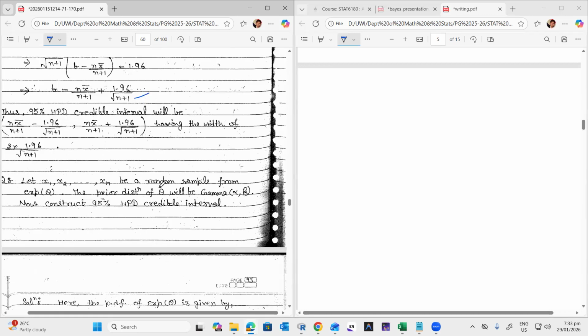So that is your HPD interval. Right now, if you see it, it is not similar to the confidence interval, as we changed the prior from non-informative to informative, so your HPD interval has been changed.